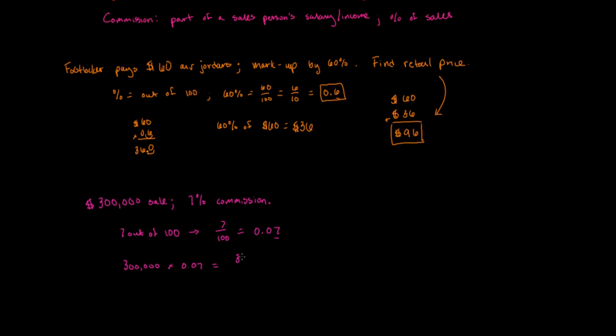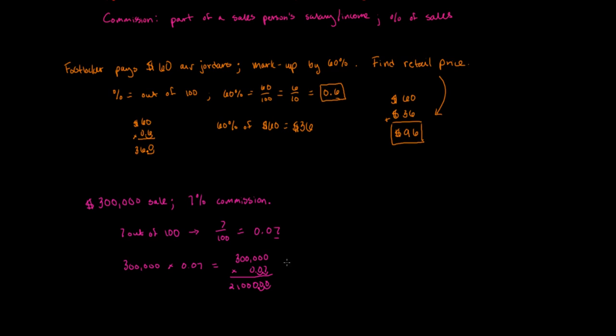So we get 300, 3 more zeros, and then we have 0.07. Remember, the decimal point doesn't need to line up because we're multiplying. We get 7 times 0, and one more. We get 5 of those because there's 5 zeros. 7 times 3 gives us 21. And I started with 2 decimal places, so I'm going to do 2 decimal places over here.